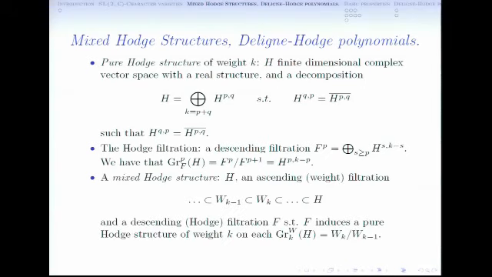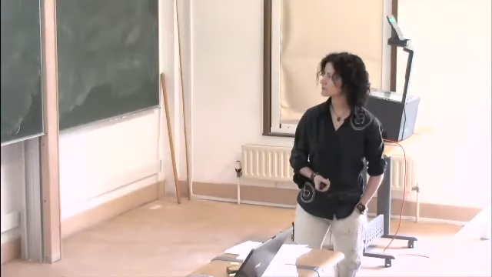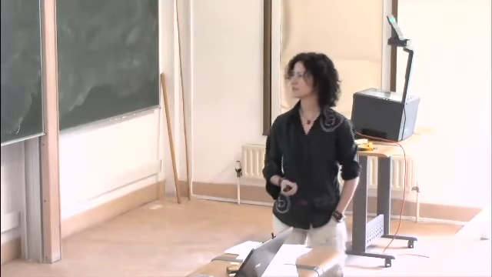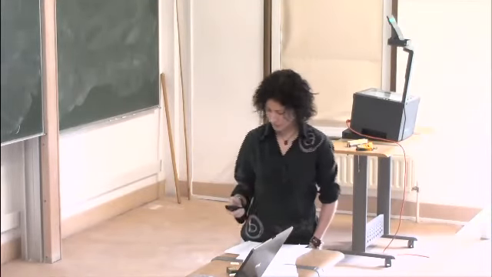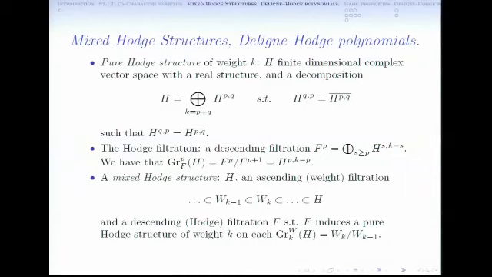Then a mixed Hodge structure is defined in a different way. It's also a finite dimensional complex vector space, but instead of saying what the pieces are, what we ask for is two filtrations, an ascending and a descending filtration, such that the descending filtration gives us a pure Hodge structure of weight k on each graded piece of the ascending filtration.